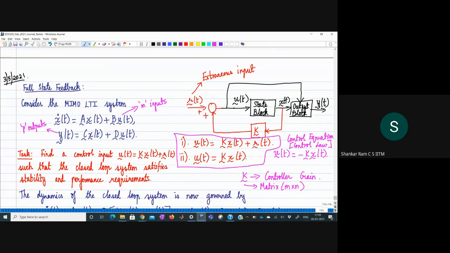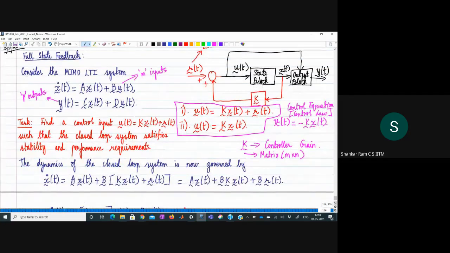Sometimes r of t does what is called a feed forward operation, rather than having feedback, we have feed forward. In that sense it is useful. So we can have r or not. And as I mentioned, some will also by convention use a negative sign with K, they will say u equals minus Kx, but we can use it either way.